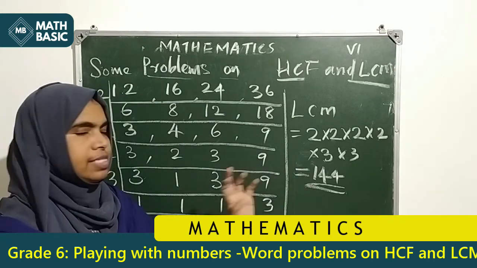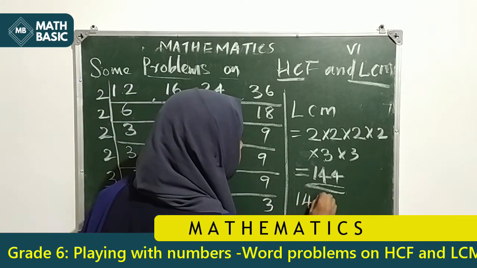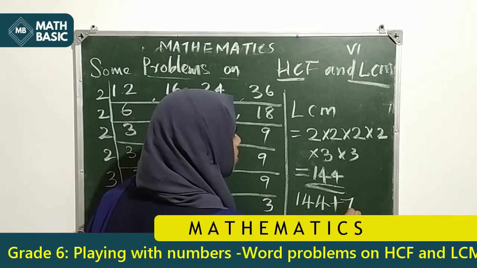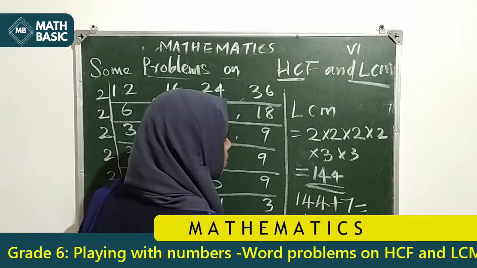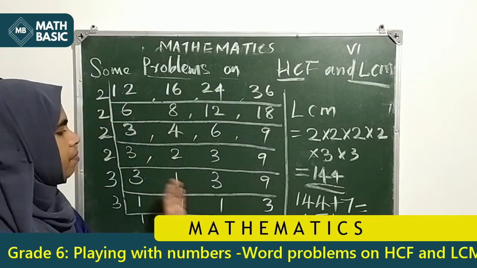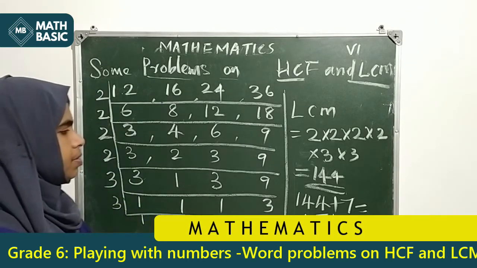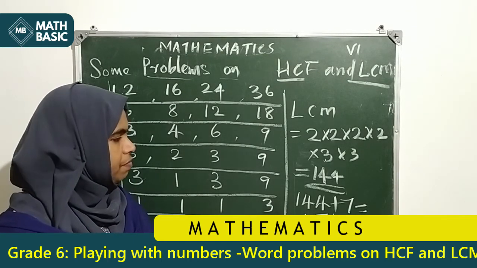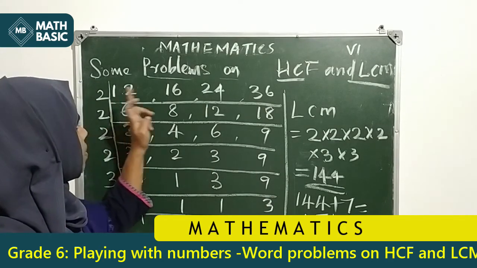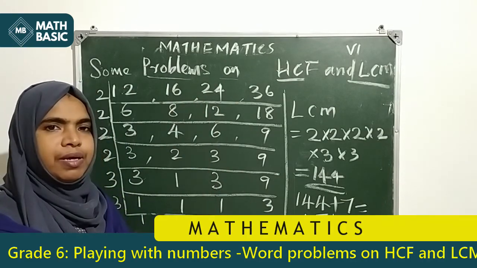The required least number equals 144 plus 7 equals 151. So here we got the least number is 151. When we divide 151 by 12, 16, 24 and 36, it leaves the remainder 7.